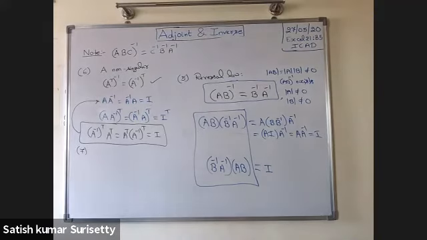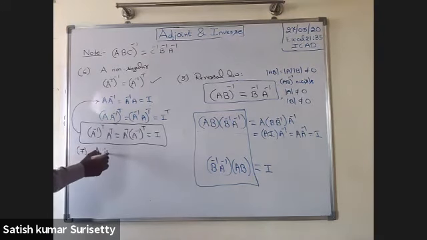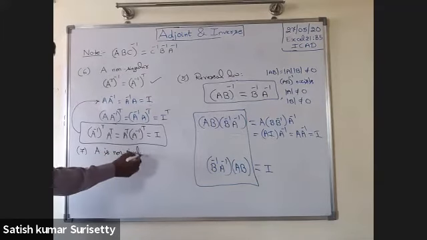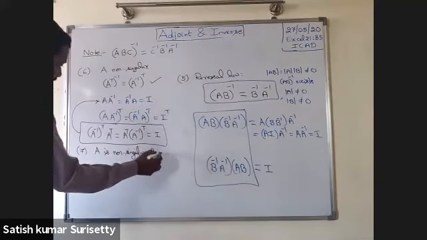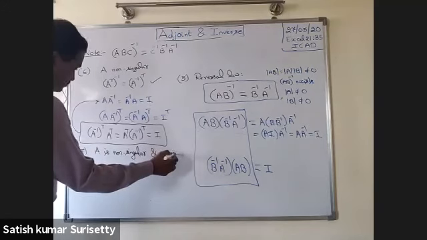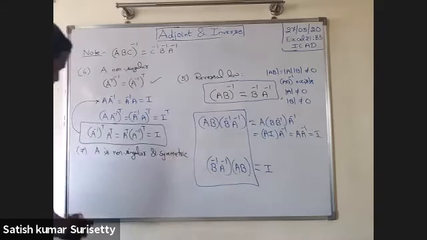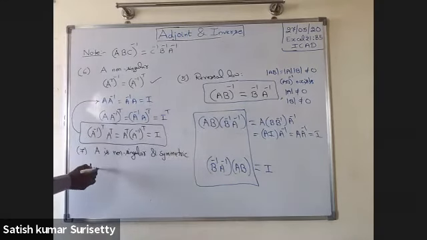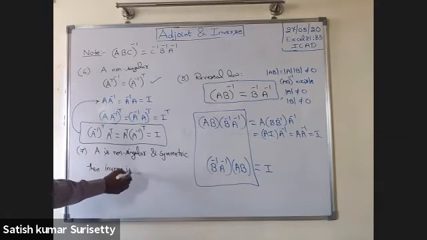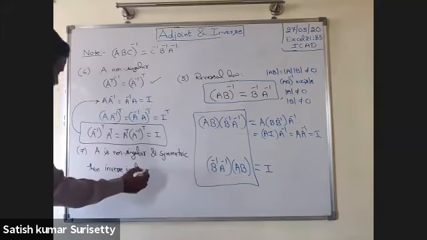Right, one more property. A is non-singular and symmetric. Then inverse is also symmetric.